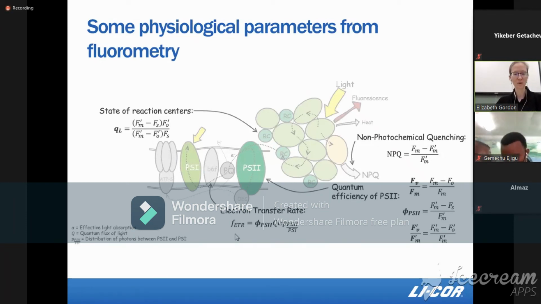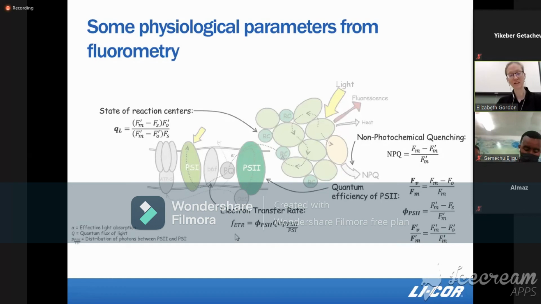So one of the important things when you're looking at fluorescence is making sure you understand what exactly they're talking about.